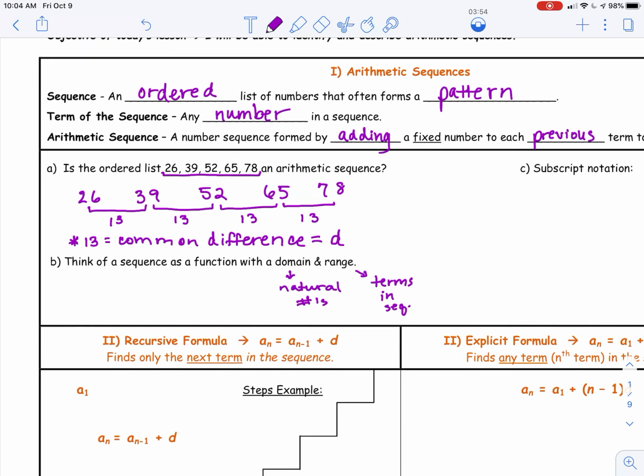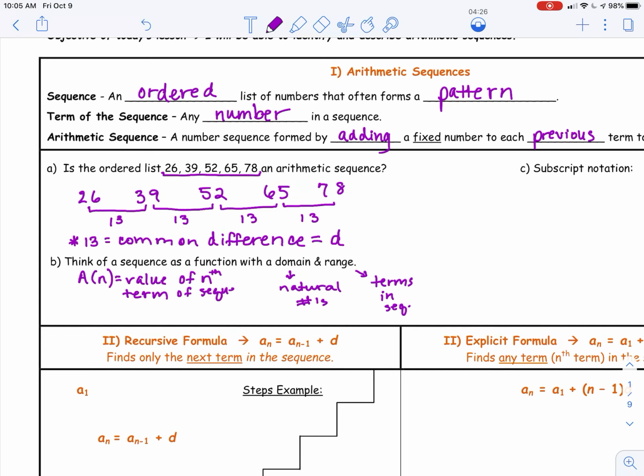Okay, now this part I do want you to write. So we're going to say that, hold on a minute here, let me find my other notes. There we go. Okay, so we're going to write something that looks like this, A of n, where the value of the nth term of a sequence.